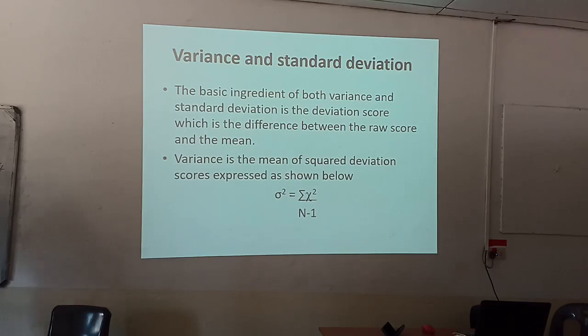To avoid that problem, we square the deviation scores so that you end up having a positive summation. Okay? And when you have squared them and you get that positive number, that's what is referred to as variance. Okay?